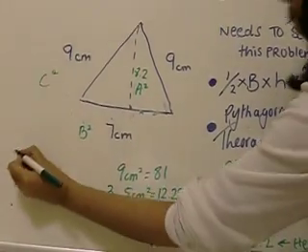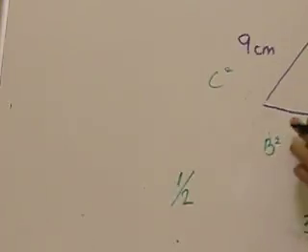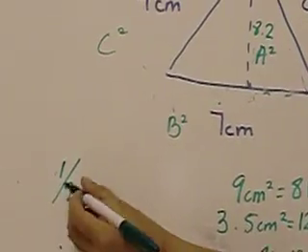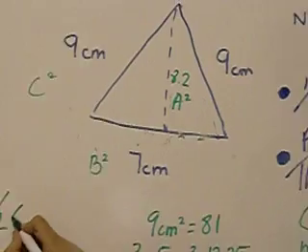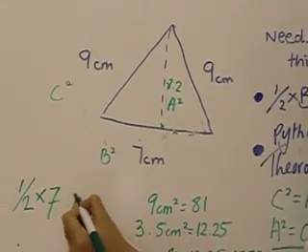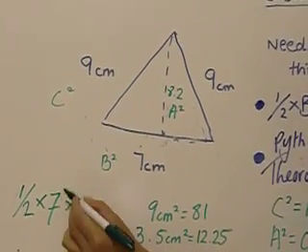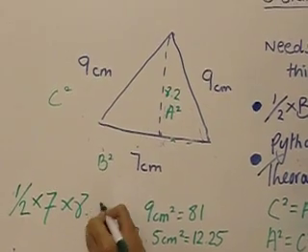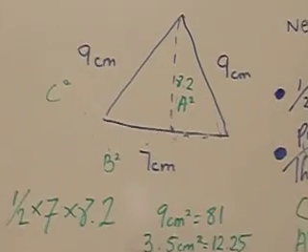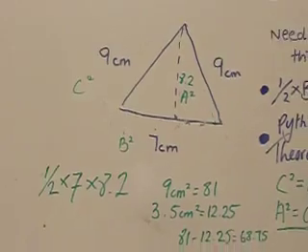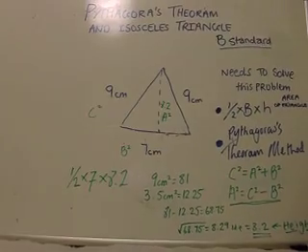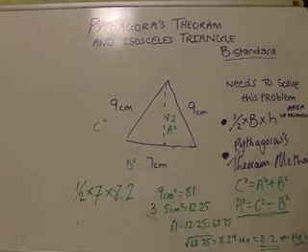So we have half times the base, which is 7, times 8.2. You can do this on a scientific calculator, because you've got the fraction option.